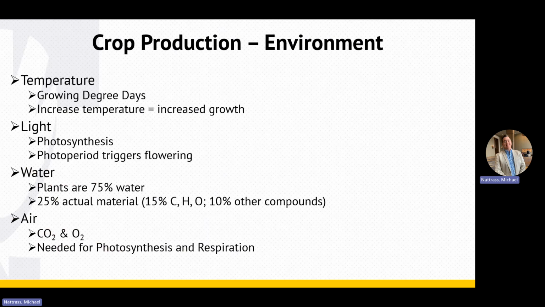We need water. Every living thing in general needs water in order to live. Plants are about 75% water, and the rest is the dry matter yield that we're going to get from this plant. In general, that's made up of carbon, hydrogen and oxygen, and about 10% of some other things, like plant hormones or minerals.